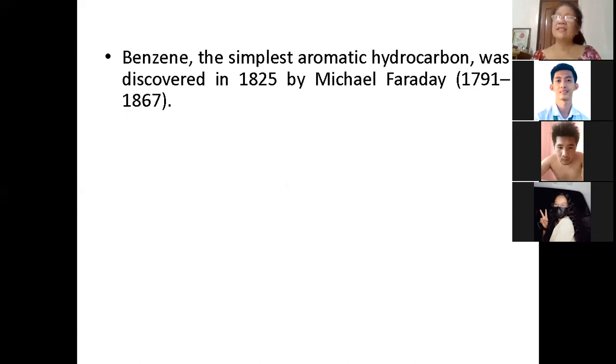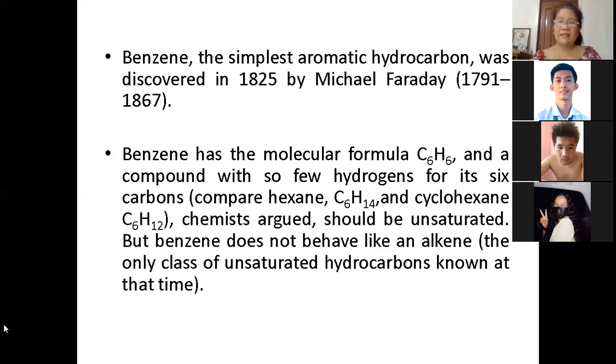Benzene is the simplest aromatic hydrocarbon, and that is why we have derivatives, meaning benzene plus other substituents. That is what is meant by derivatives of benzene. This was discovered by Michael Faraday in the 18th century, and it has the molecular formula C6H6.